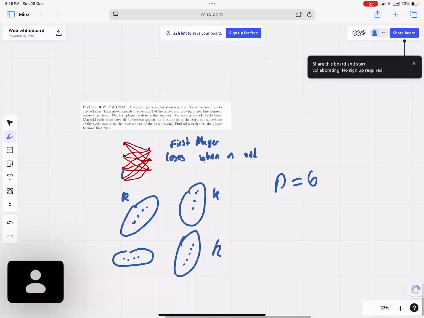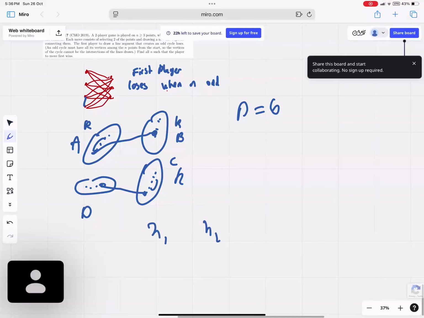Okay, I think I see something we can do with your idea of copying. Basically, say it's A, B, C, D, and someone plays something like A to B, then the second player puts C to D. If they put A to A, then they put C to C, and so on. Is that what you're trying to say? Yes, that works.